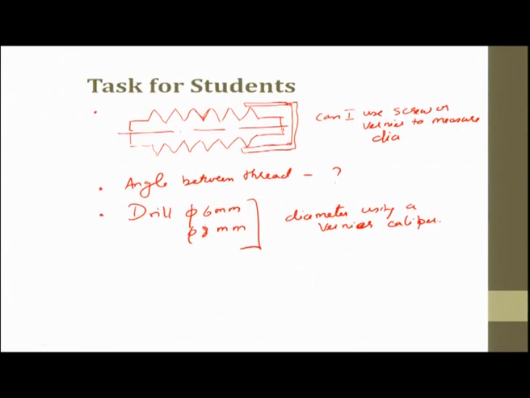So, these 3 are assignments for you, and the moment you measure, if you find an inconsistency, think what is the reason for the inconsistency. If you have perfectly got it, check with the book or the specification given for that particular screw or drill, whether what you have measured and what is given are matching. Thank you very much.